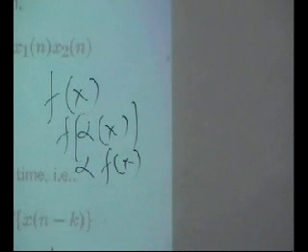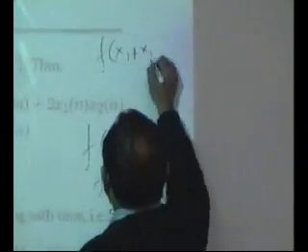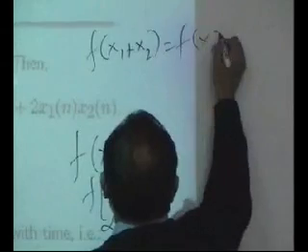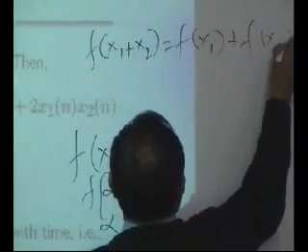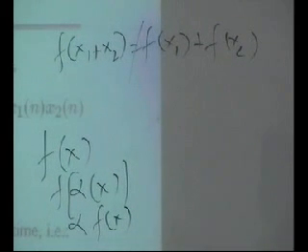You can take the constant out, but you cannot expand it by saying f of x1 plus x2 is f of x1 plus f of x2. So anytime this is not true, it is not a linear operation. Any system either obeys both of them or obeys none of them. It doesn't obey only a single condition.